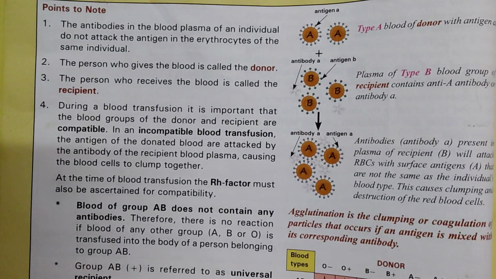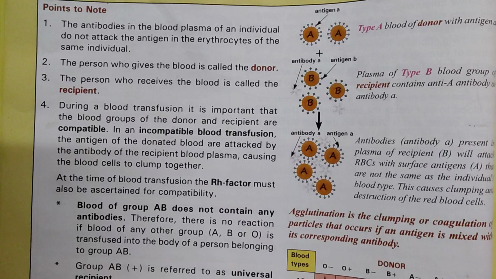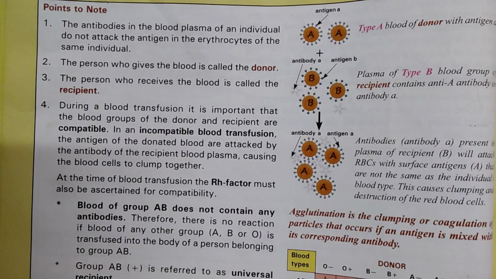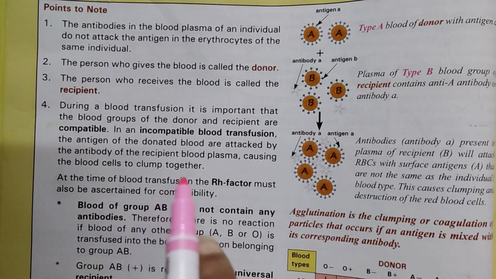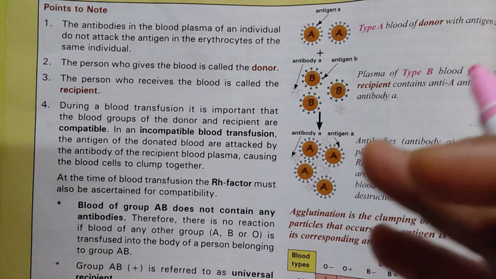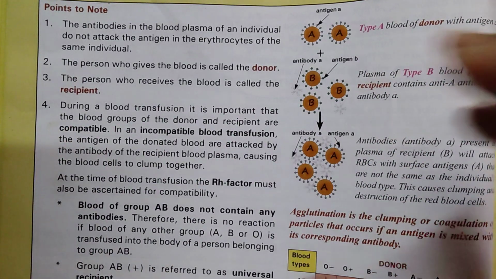Suppose antigen B is present in your body, you have B blood group, and if you are transferred blood group A, it is already having antibodies A. It will destroy the erythrocytes of your body. It will fight against that and it will be very fatal for your body. So there should be compatibility.